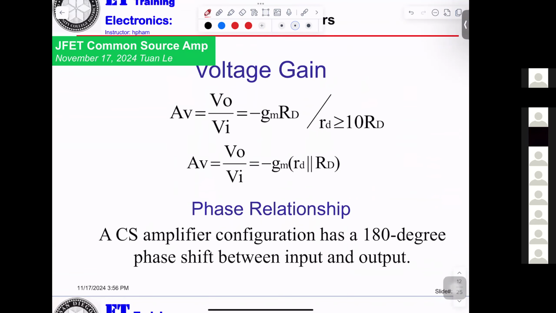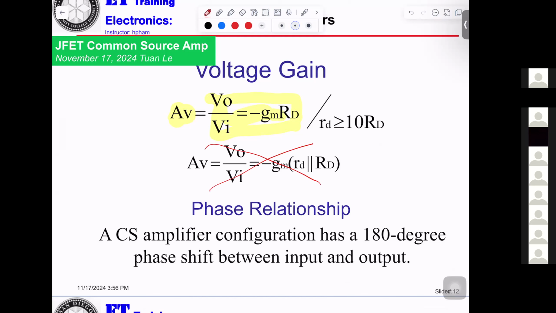And finally, they summarize the gain. That's the only formula you're using. That one we don't use, the thing here includes RD.